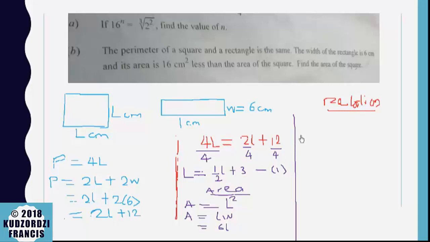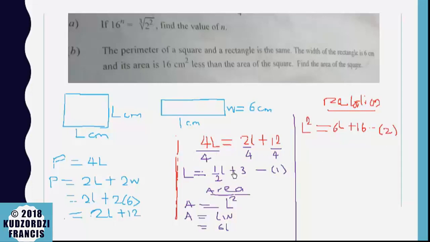So the relation is that L squared is equal to the area of the rectangle, which is L times W, which is 6L, then plus 16. Now, let's call this equation 2.